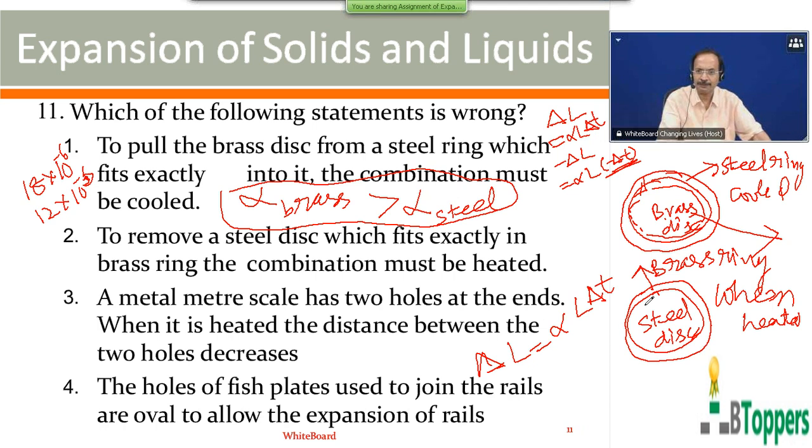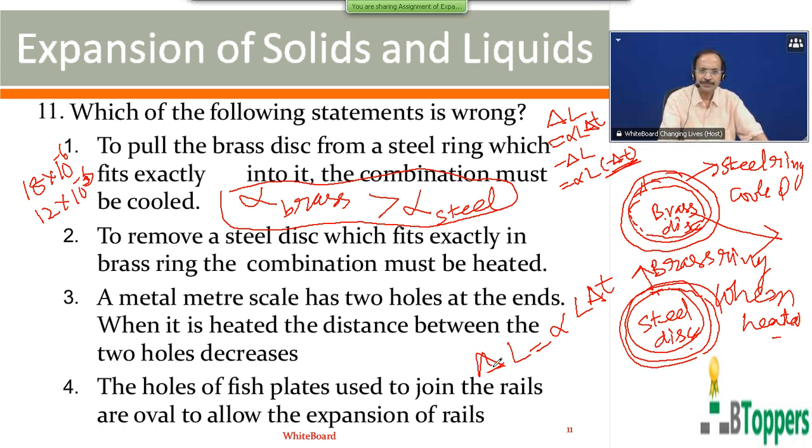That means the increase in the perimeter of the brass ring will be more than the increase in the perimeter or circumference of the steel disc when heated. Therefore, the brass ring will have a larger perimeter, which means the steel disc becomes loose and can be taken out of the ring easily when the combination is heated. So the second statement is also correct.